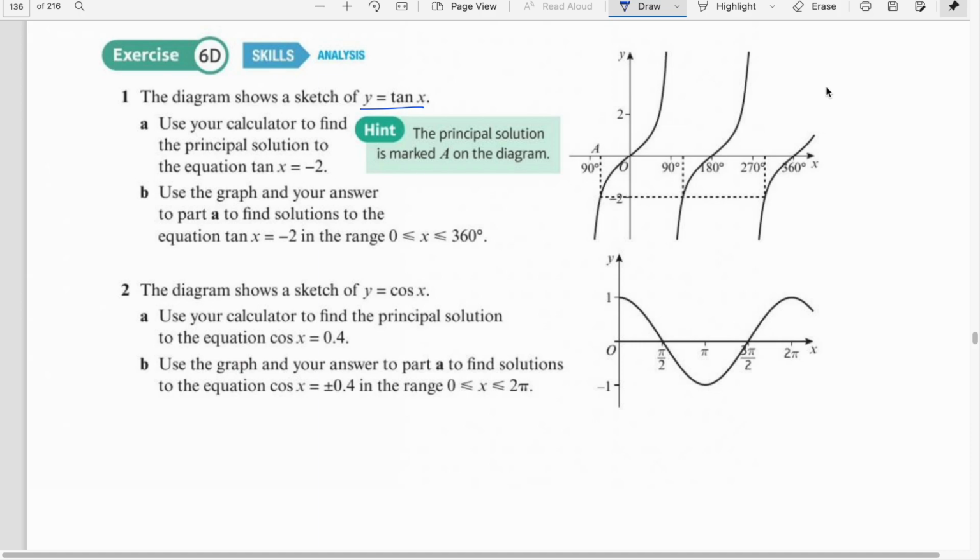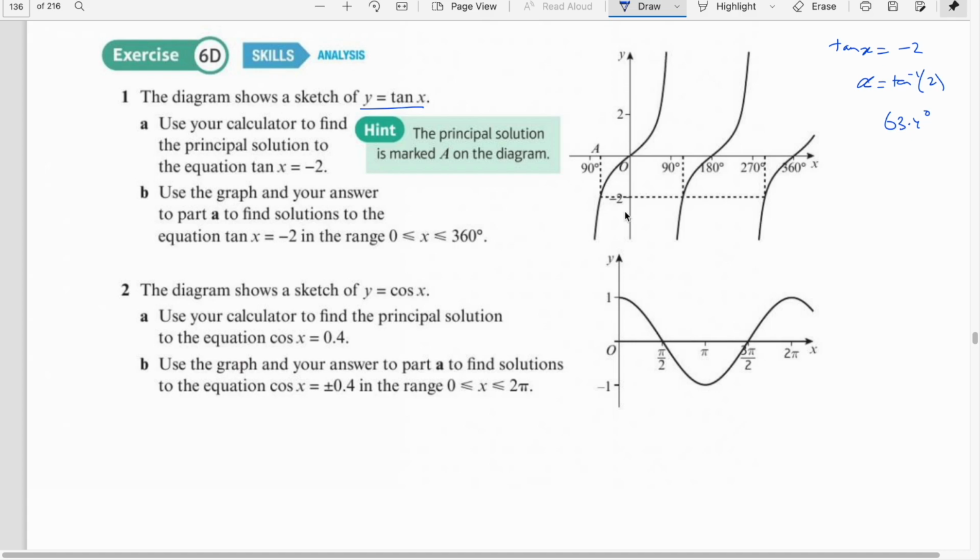So we always go for positive values first. Suppose this is tan x equals -2, but to find the basic angle alpha, I'm doing tan inverse of 2. And using the calculator, shift tan of 2, I'm getting 63.4 degrees.